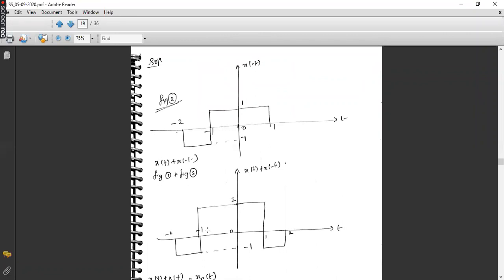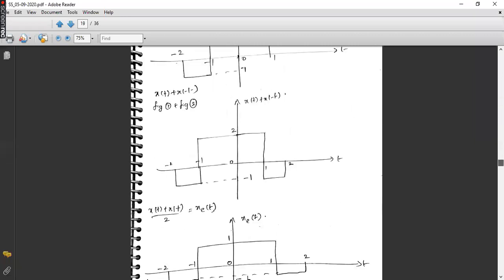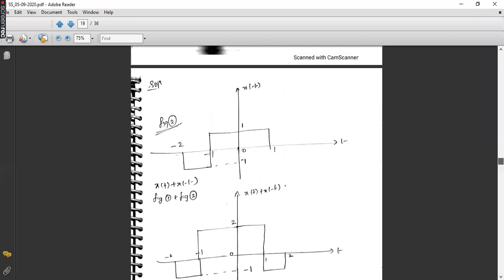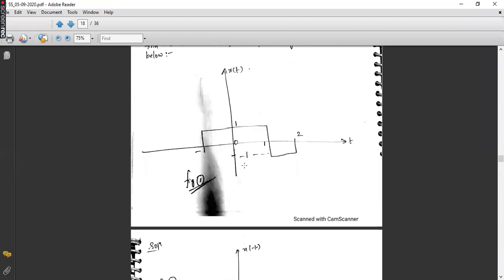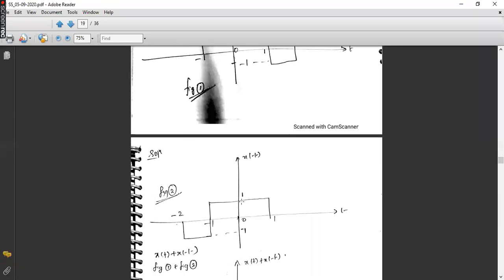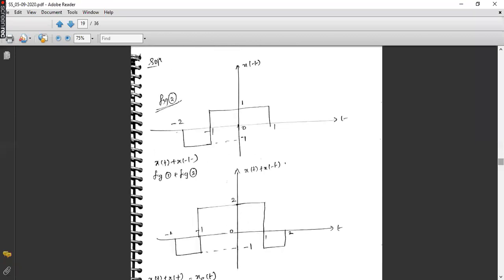Clear? Now during the time interval 0 to 1, here you have 1. And in the second figure also you have 1. So 1 plus 1 will become 2. So the added signal will get retained at the same level, that is at 2.